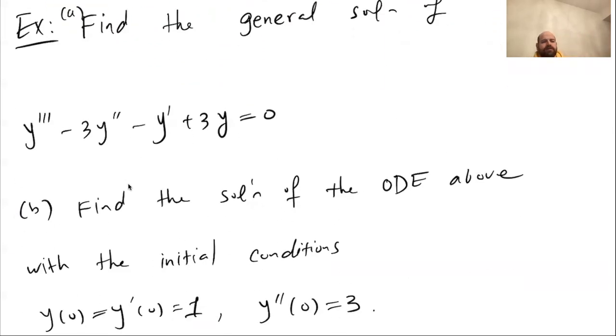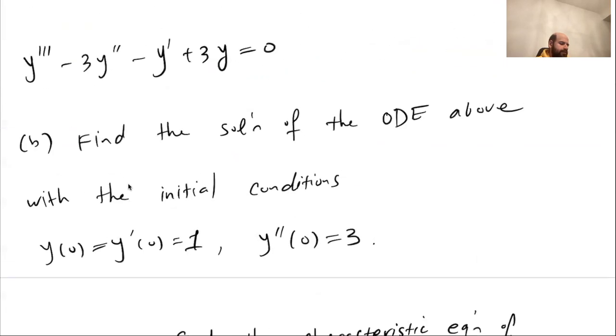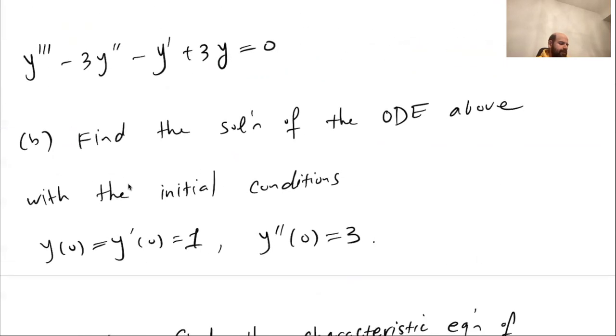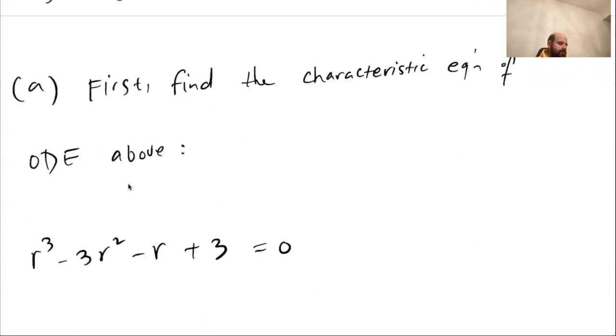For the characteristic equation, I have to use the same coefficients. Instead of derivatives, I need to use powers. So it starts with r to power 3 because we start with y third derivative. So the characteristic equation starts with r to power 3 minus 3r squared minus r plus 3 equals 0.